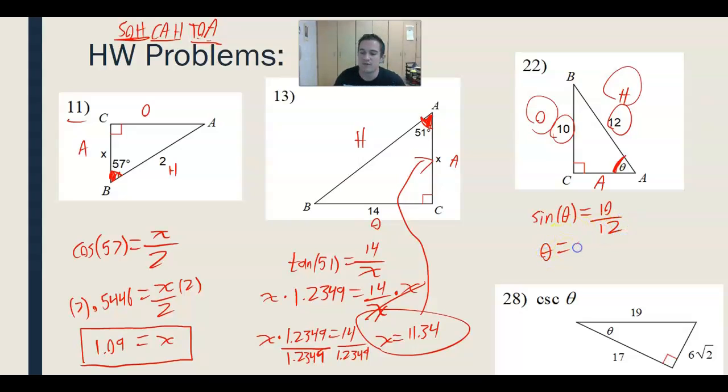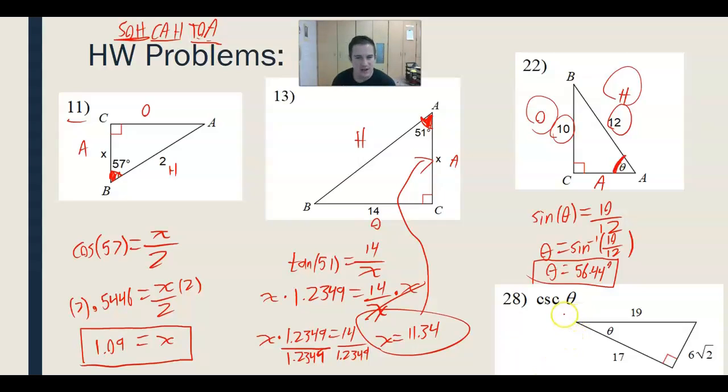So in order to solve for this angle, I'm going to have to undo sine with the inverse sine of 10 over 12. The inverse sine of 10 over 12 is 56.44 degrees. So this angle right here is 56-ish degrees.